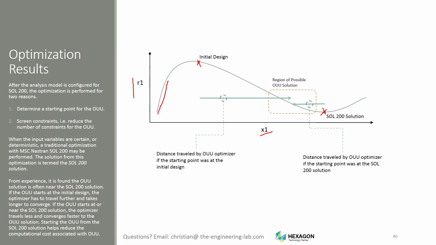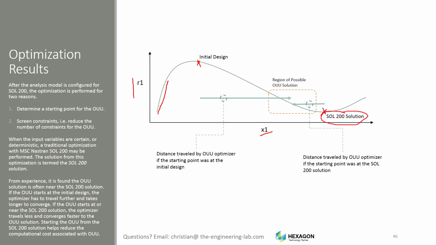So I'll draw an X over this dot. We'll call this a Sol 200 solution. When you look at this diagram, we know that the OUU solution is not going to be equal to the Sol 200 solution.